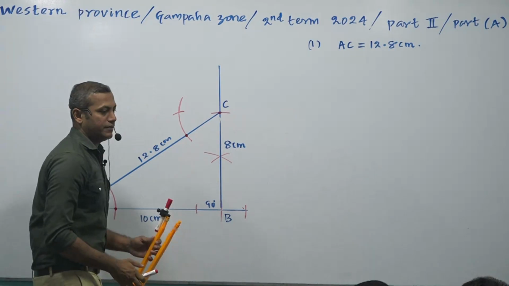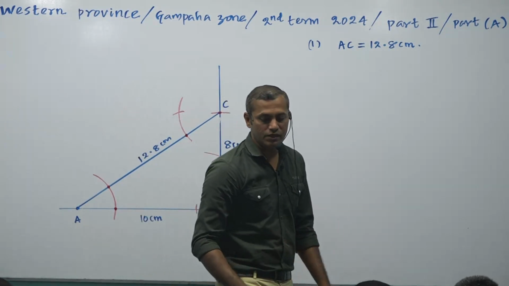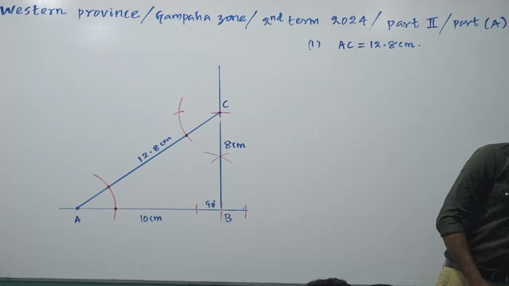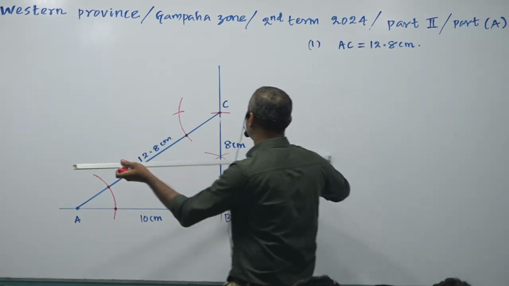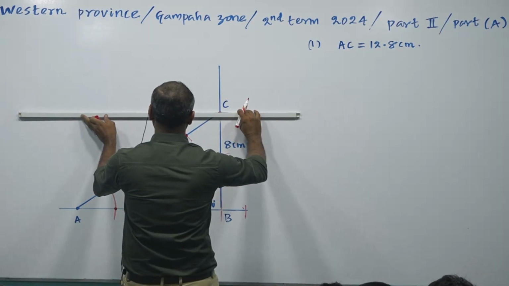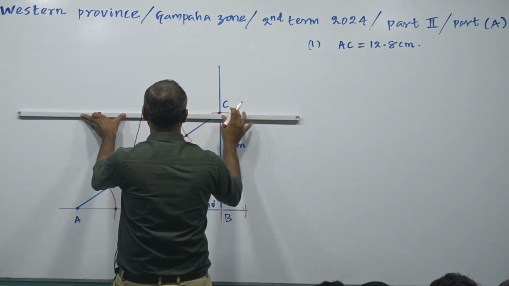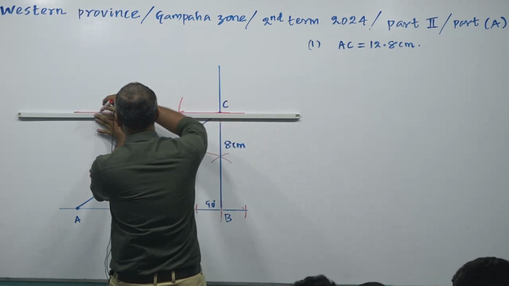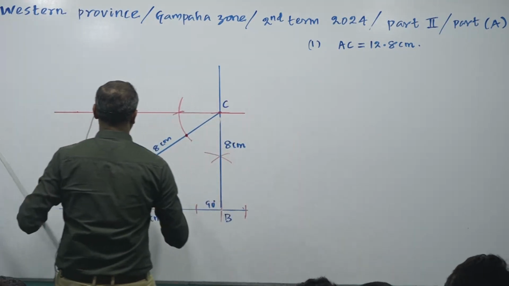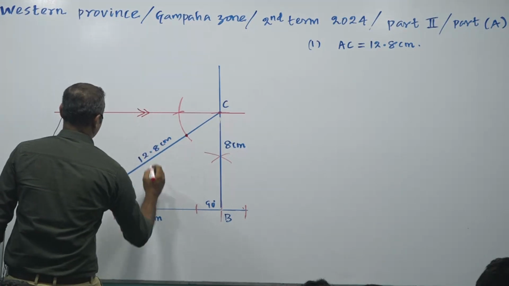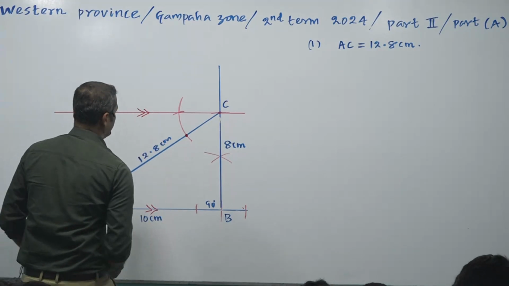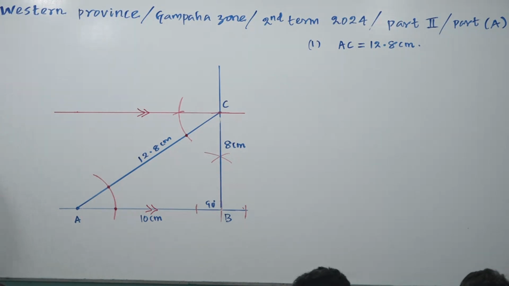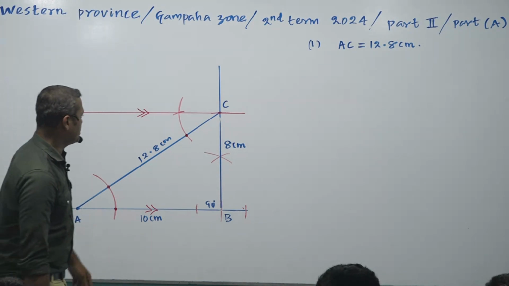You will get a parallel line to AB drawn through C. That's the idea. I'll use two arrows to show that they are parallel to each other.